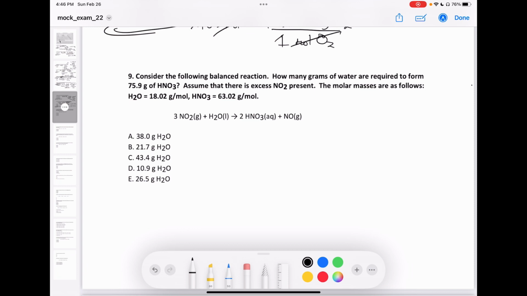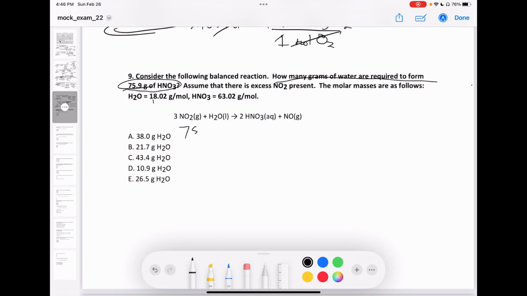Okay, so we want grams of water, and this is kind of our given. I know it's weird to work backwards with our given, but if we know how much nitric acid was formed, then we can backtrack to see how much water was actually used to form that. The first thing you want to do in stoichiometry is always convert everything to moles.